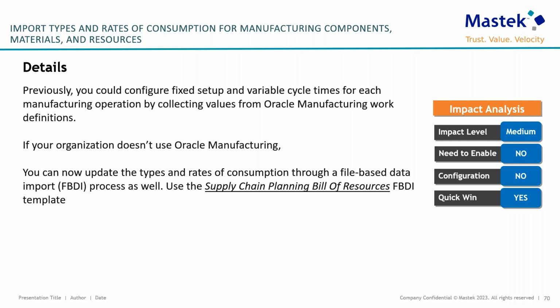Now, if your organization doesn't use Oracle manufacturing, you can update the types and rates of consumption through a file-based data import. We can use the supply chain planning bill of resources FBDI template to do this. So this is a quick win for us. No need to enable, and there will be no configuration changes.